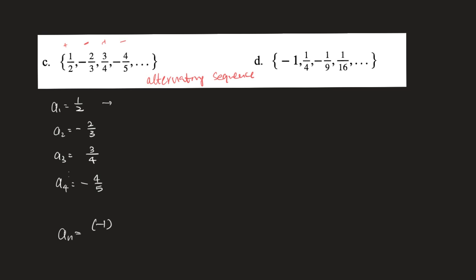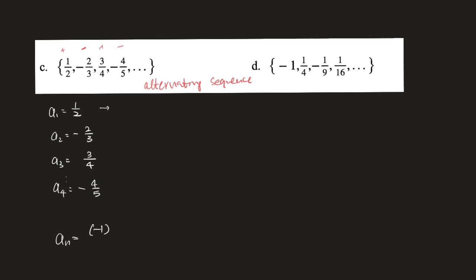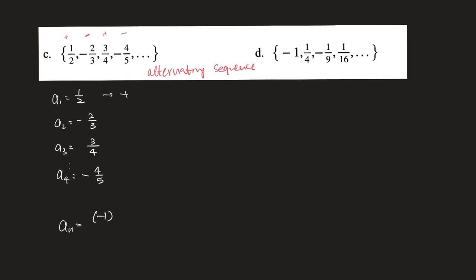You have to decide this power first. The first term is positive, the second term is negative, which means when n is 1 it is positive, so the power should be an even number. So for n equals 1, 1 plus 1 is an even number, and negative 1 to an even power makes a positive. That's what you decide first. Then you decide the rest.